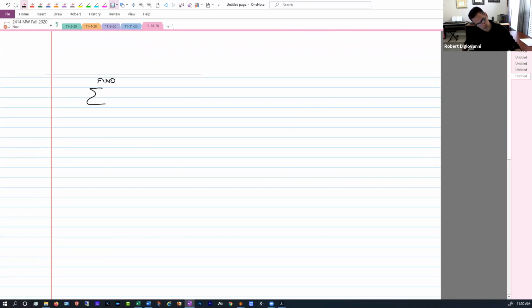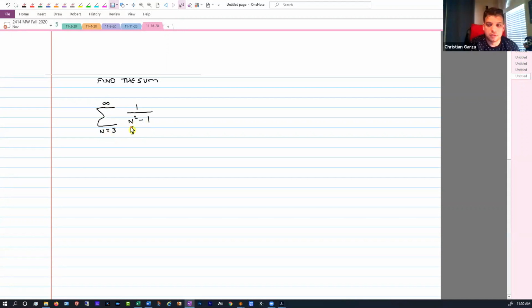Find the sum. See, I just gave you a hint, didn't I? You know what? I'm not going to start this at 1. I'm going to start this at 3 to infinity of 1 over n squared minus 1. There's a reason I didn't start it at 1. What would happen if I tried to plug 1 in here? It would be undefined.